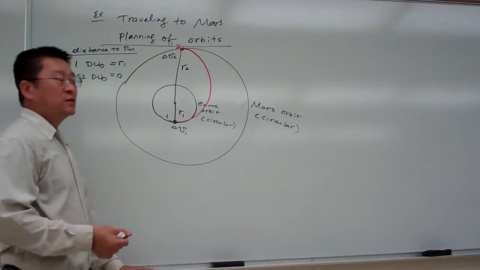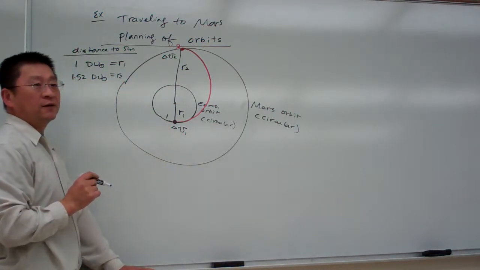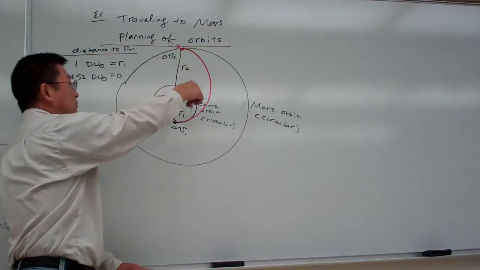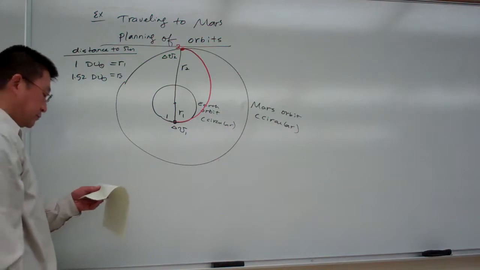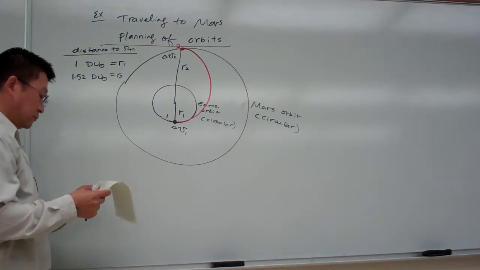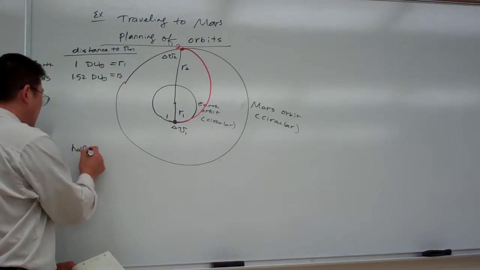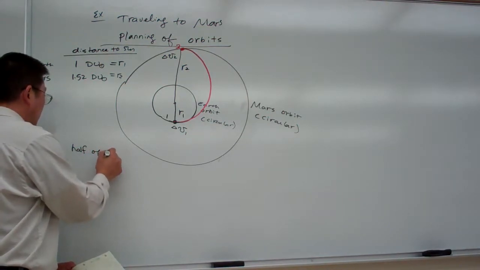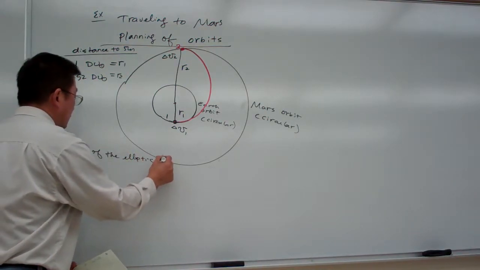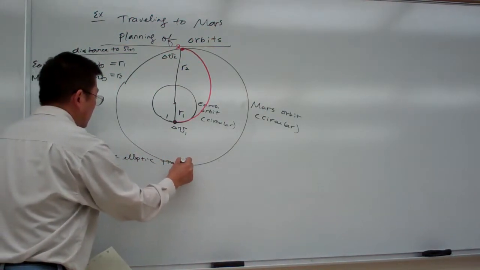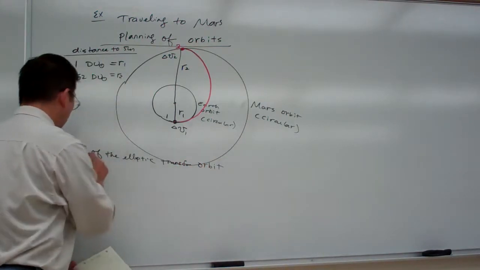We think about it this way: once we are on the transfer orbit, how long would it take? It takes half a cycle of the orbit. So basically, this is the half of the elliptic transfer orbit, the half period.